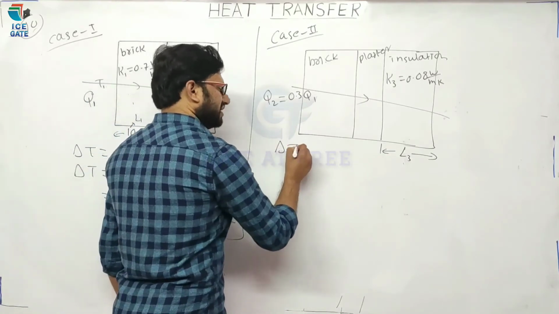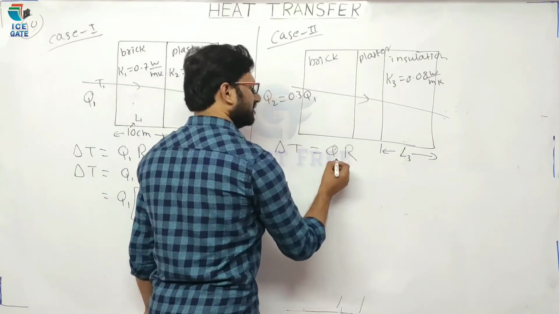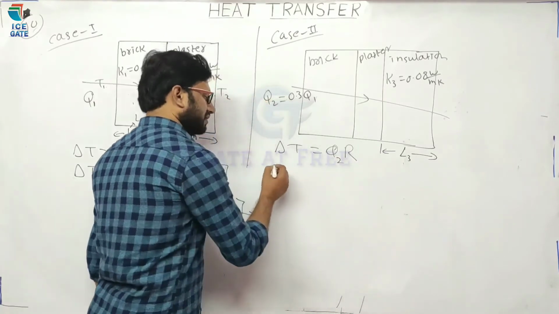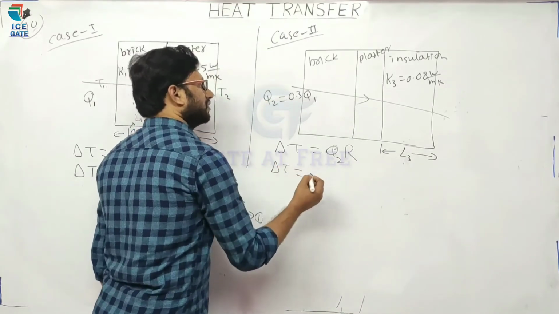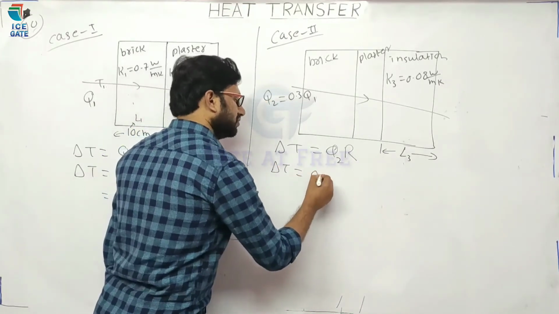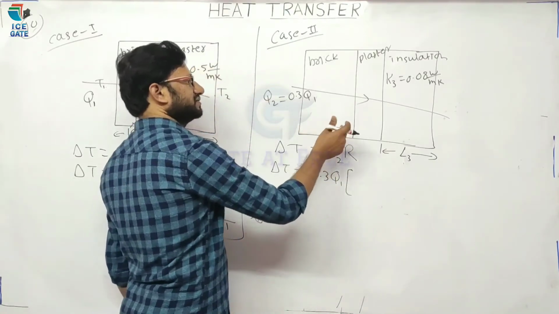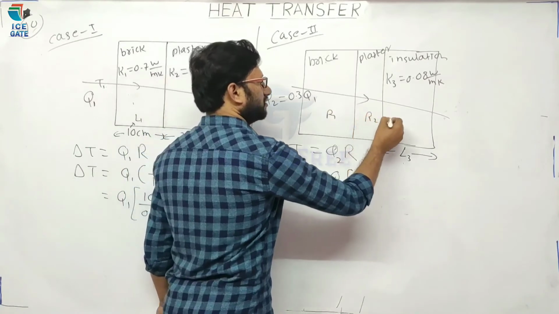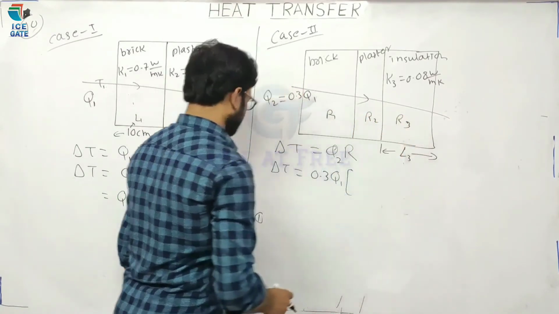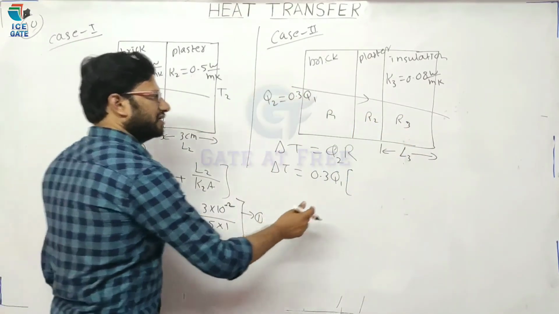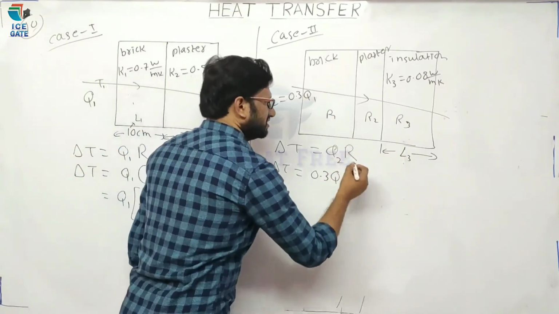Now in the second case, write down delta T equal to QR. Here Q is Q2. Now what is Q2? 0.3 Q1. Now what are the resistances? Say this is R1, R2, R3. Now what is the brick resistance?